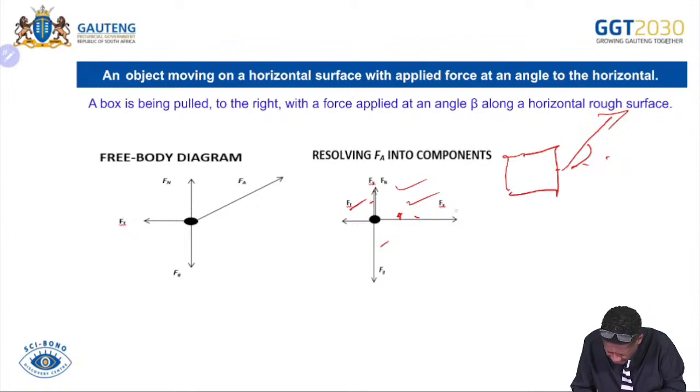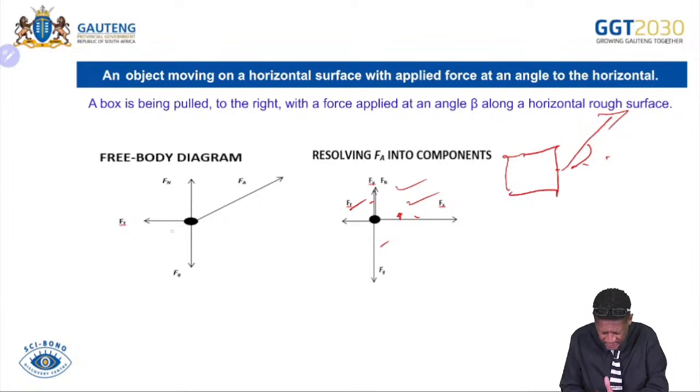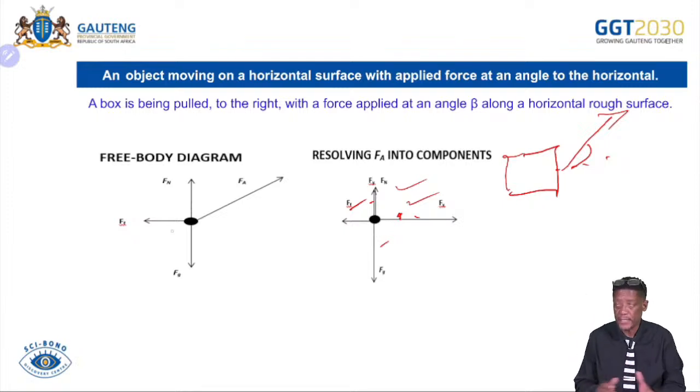So you can draw it like this, or you can use components, resolution of vectors or components of forces. So it's one and the same thing. It doesn't mean that you've got two forces there, you're going to get 5 marks. No. The force Fx and the force Fy, they are representing 1 mark. Then there we have got two forces, the normal and the Fy, which goes with the Fx, then it's going to be 1 mark, right?